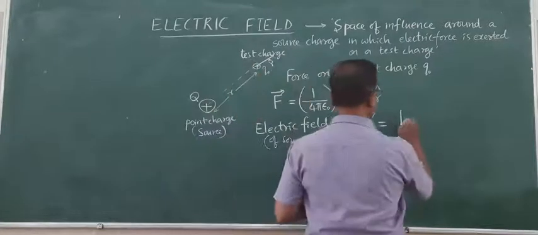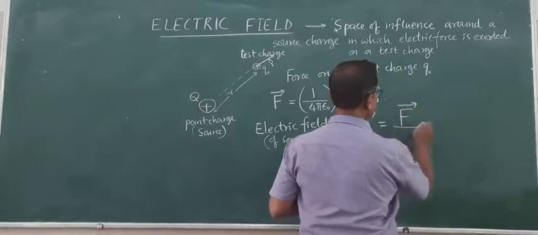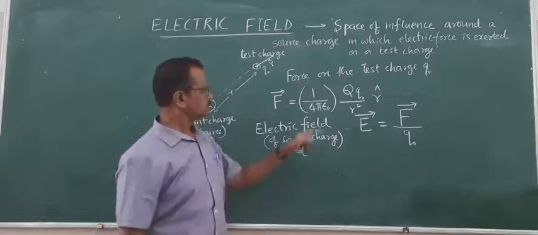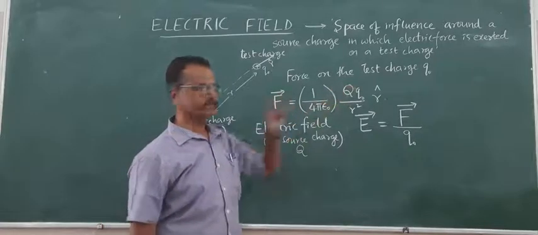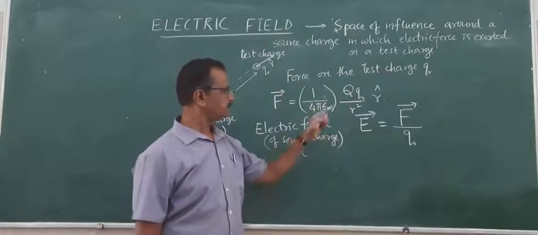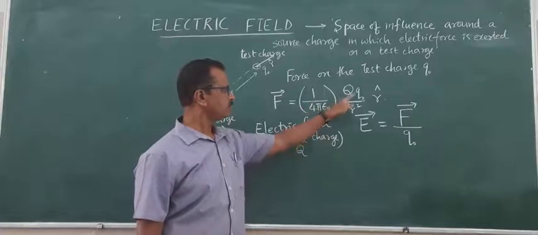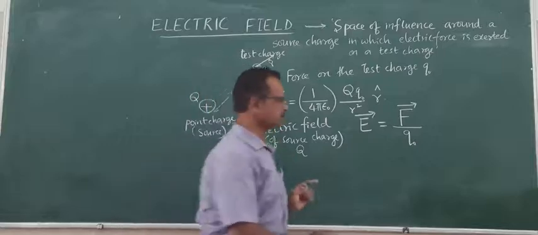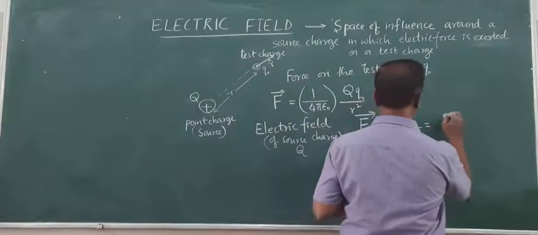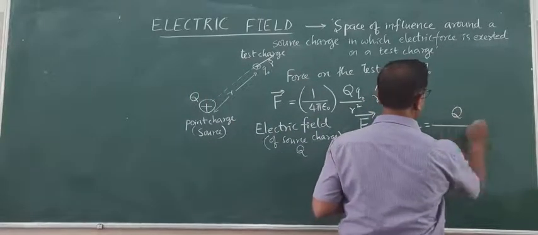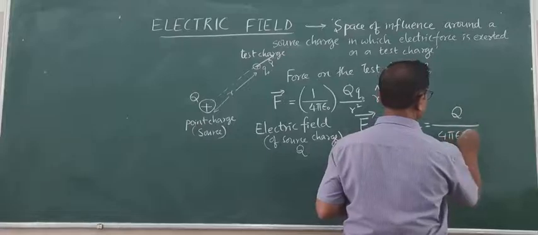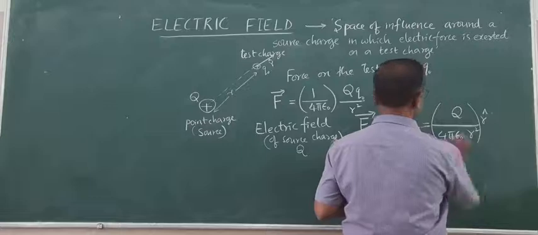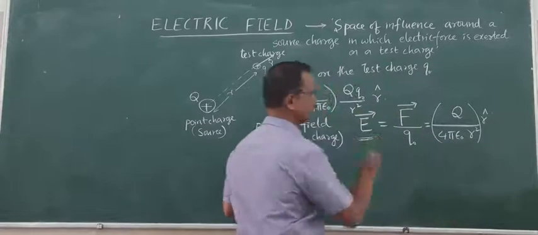When you divide this entire equation by Q naught, Q naught cancels, and you are left with Q upon 4 pi epsilon naught r square into r cap. This becomes the equation for electric field.